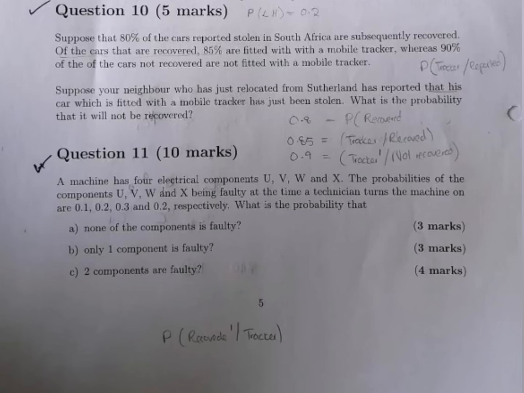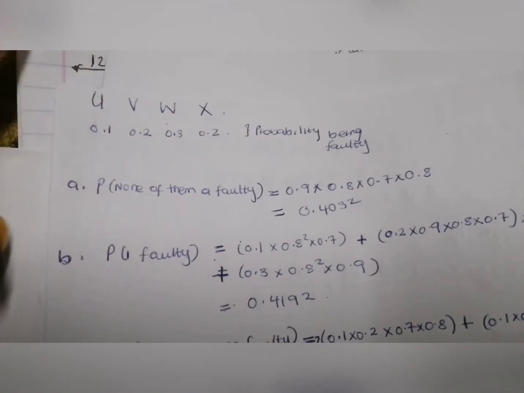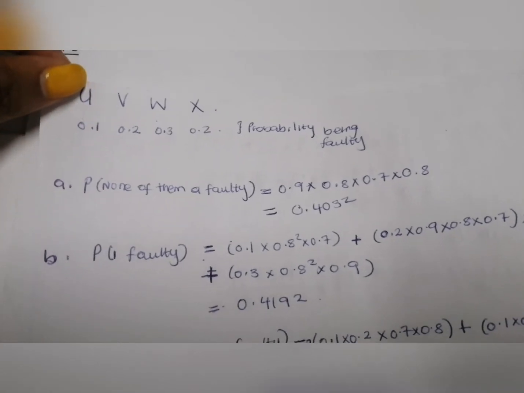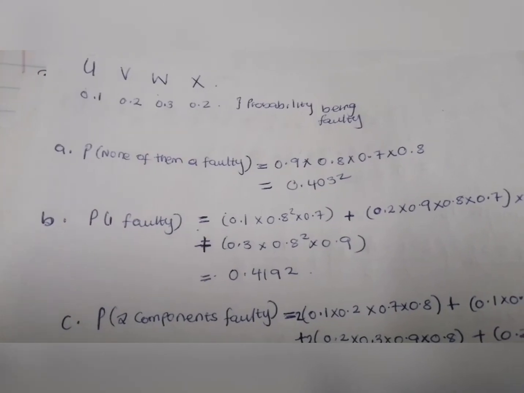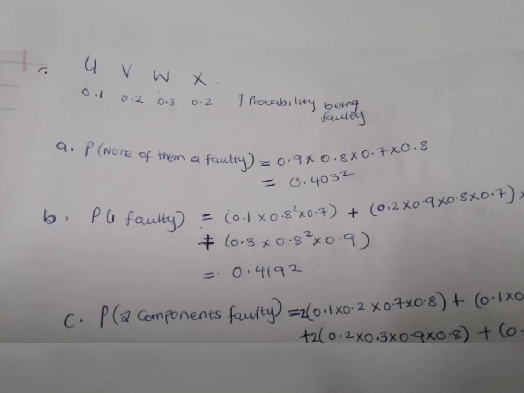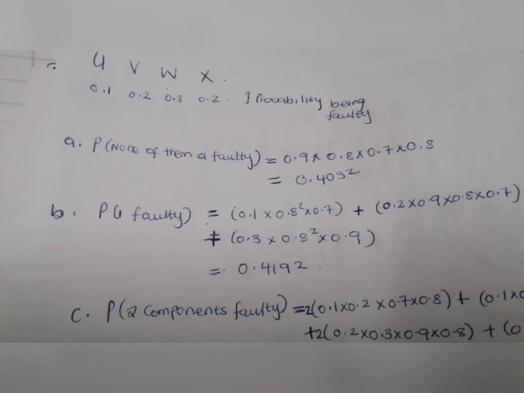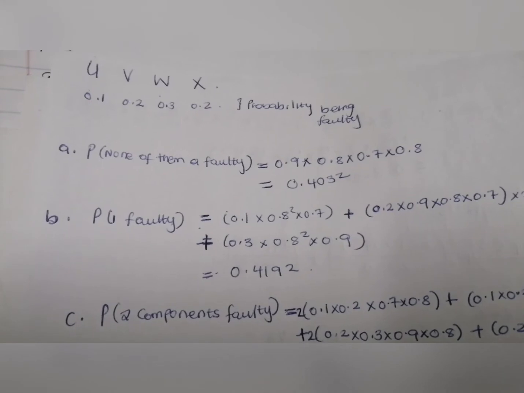Then we have A, B, and C. So I'll be showing you how to answer that question, guys. We have components U, V, W, and X, and these are the probabilities that they are faulty. So A wanted the probability that none of them are faulty.